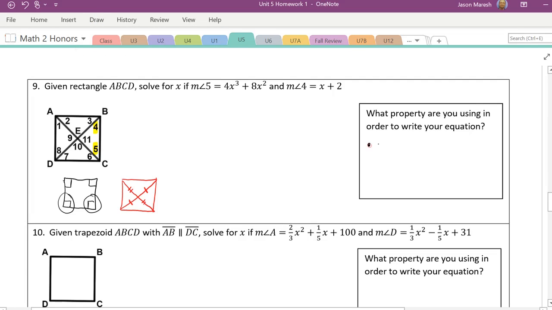So our first property, we're going to use that diagonals bisect each other. And keep in mind that this property comes from parallelograms, not from rectangles specifically, but because a rectangle is a parallelogram, it applies to this case. And then the other thing is, well, those diagonals are congruent.